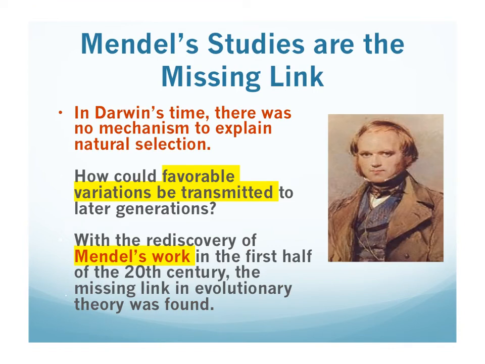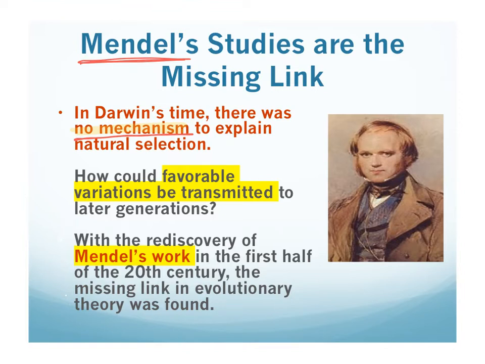So Gregor Mendel's studies are sort of the missing link of what Darwin was trying to describe as evolution. He didn't have a way to explain how natural selection was happening. He didn't have a mechanism. He had proof that it was happening, but didn't know how.